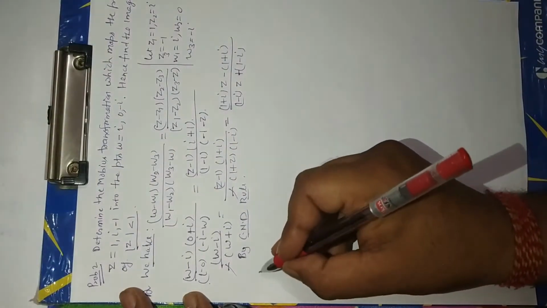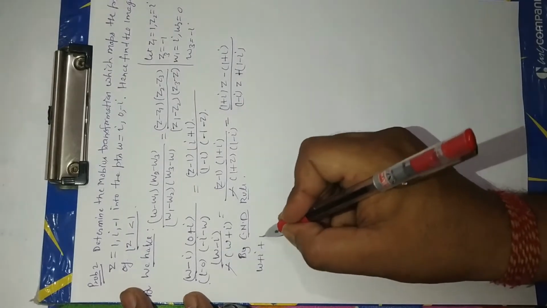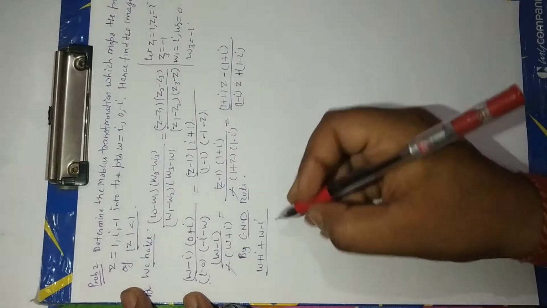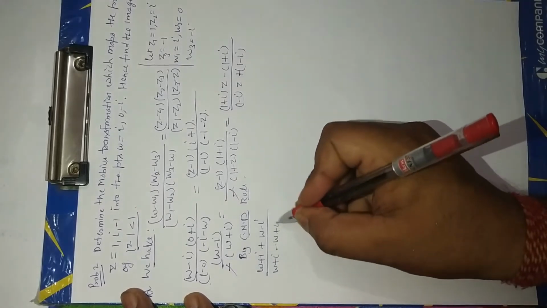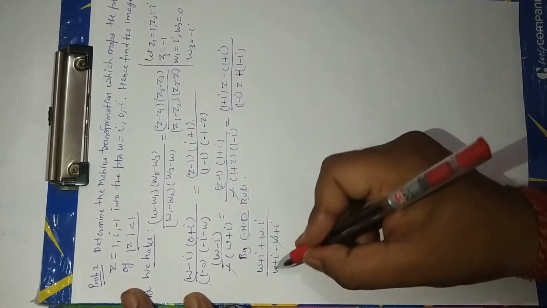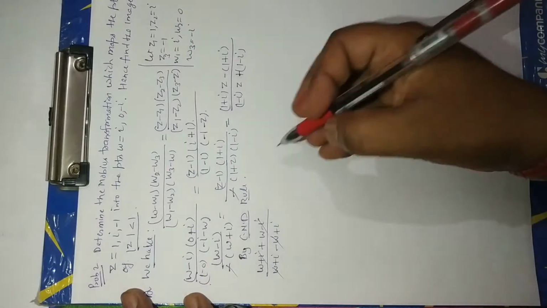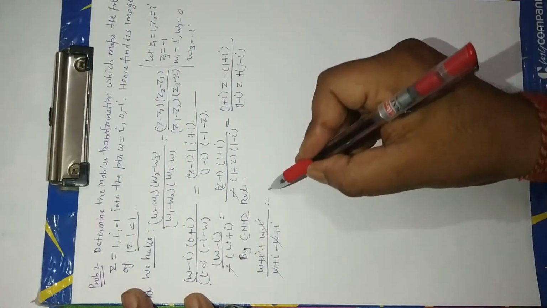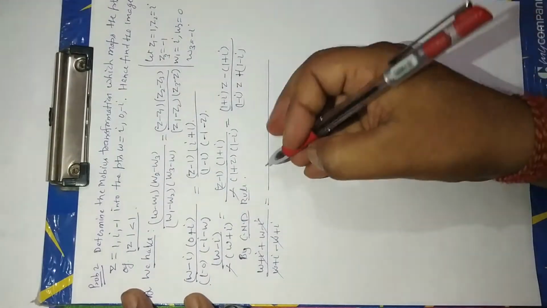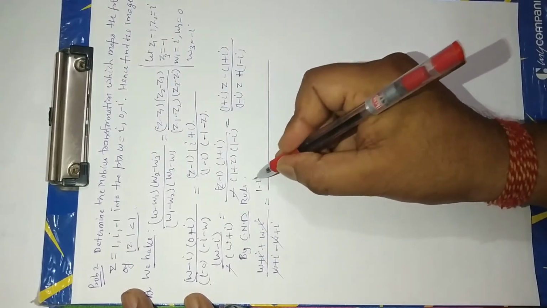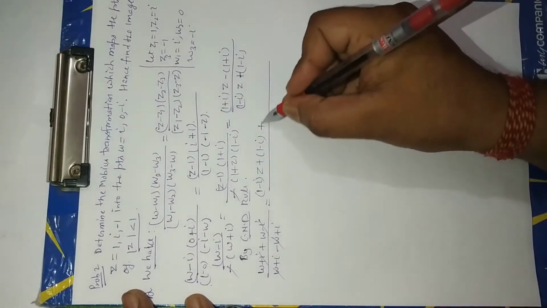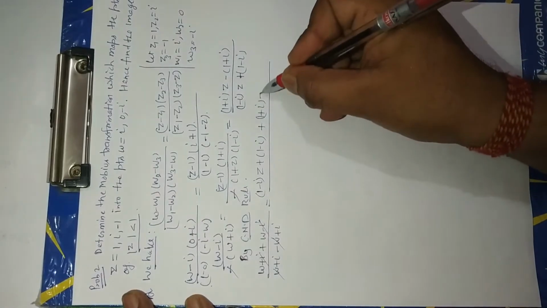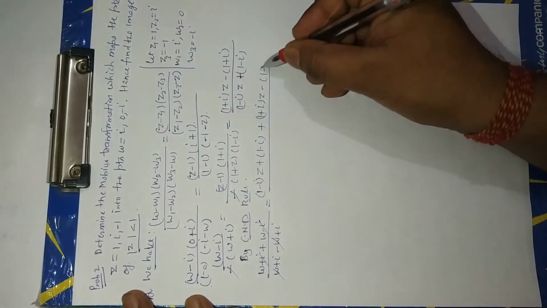Now by C and D, (w plus i plus w minus i) upon (w plus i minus w plus i). Now w cancels, i cancels by i. Similarly in this, (1 minus i)(z plus 1 minus i) plus (1 plus i)(z minus 1 plus i).